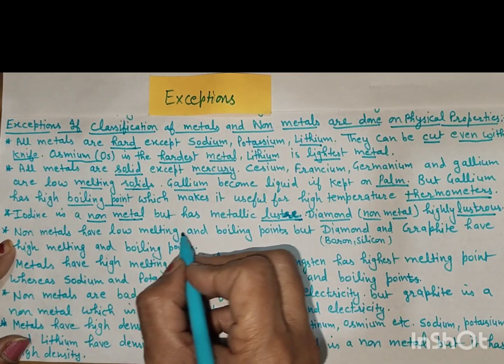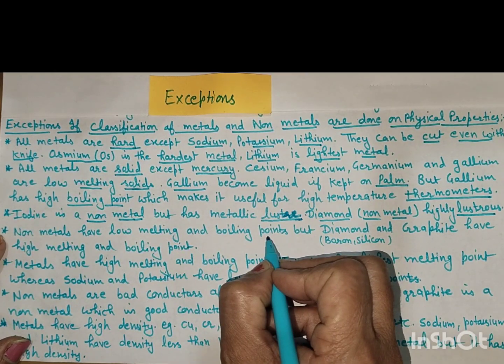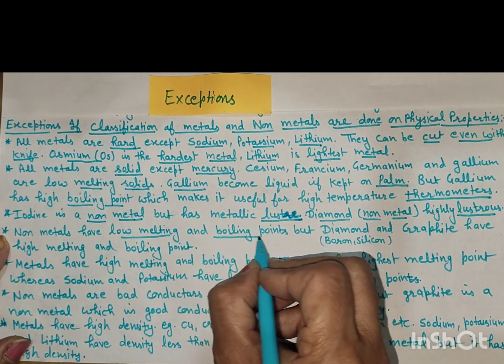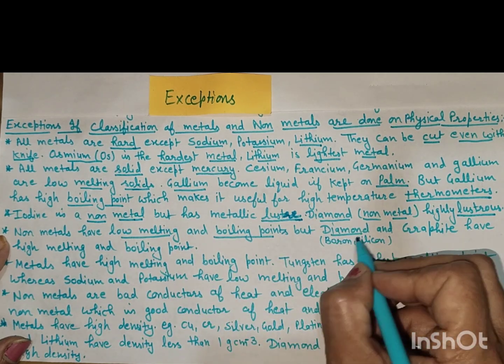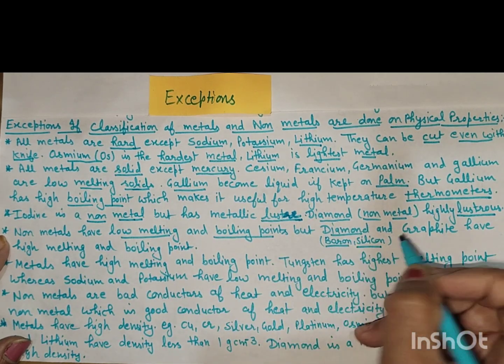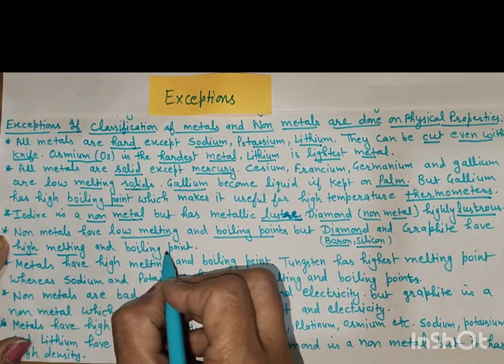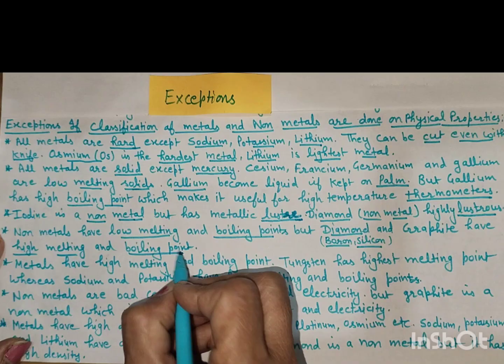Non-metals have low melting and boiling points. But diamond, boron, silicon and graphite all have high melting and boiling points.